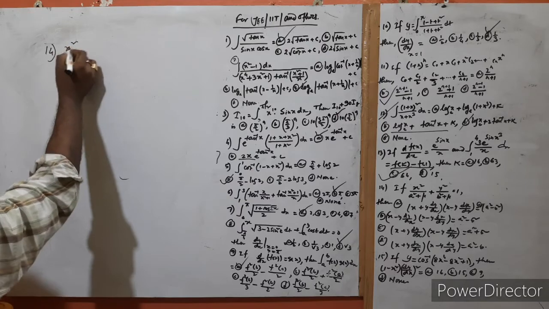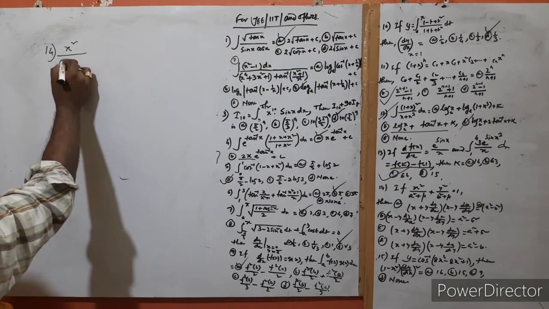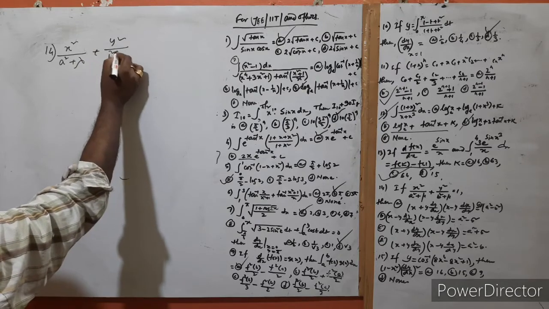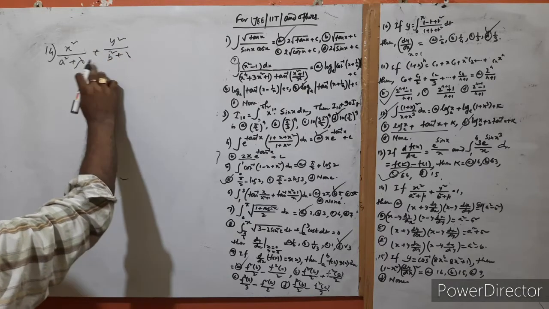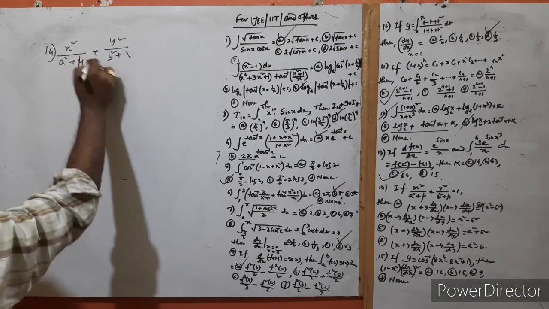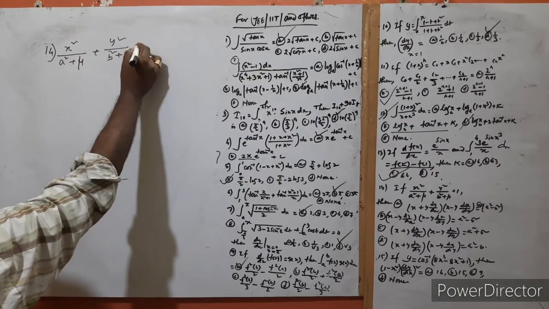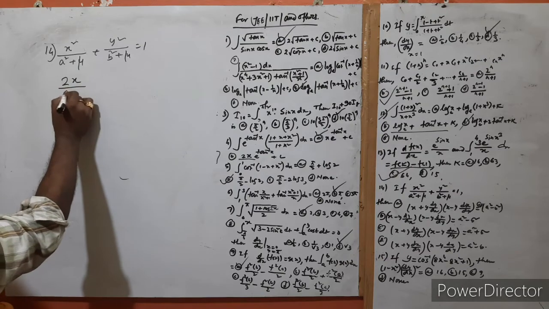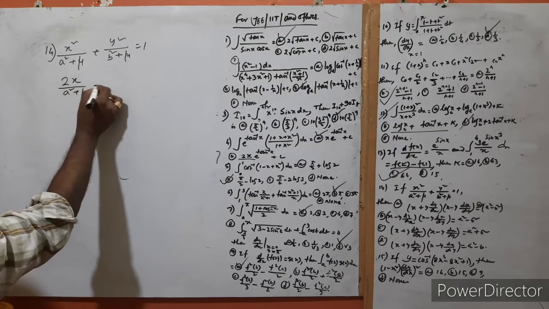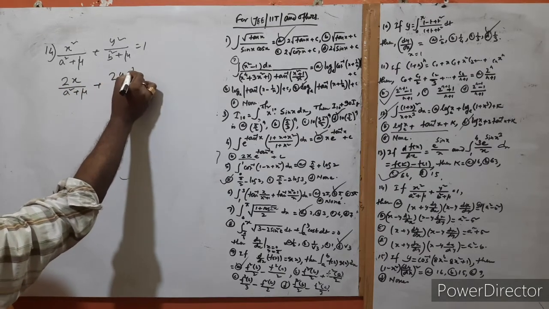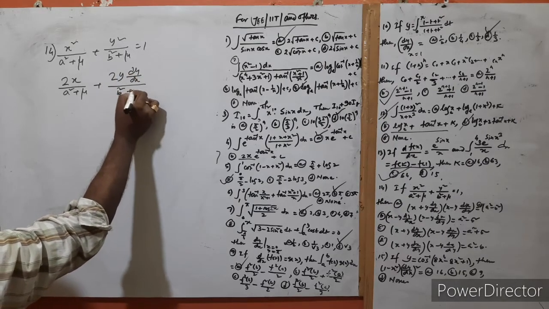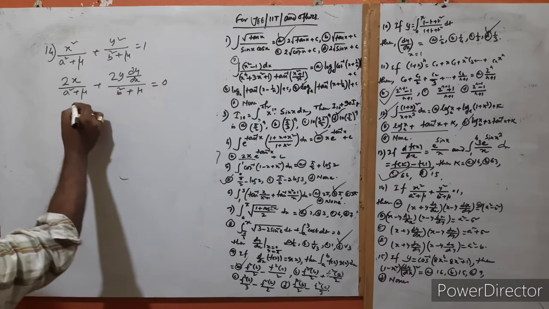See here, x square by a square plus mu, y square by b square plus mu, equal to 1. I think this is mu, not lambda. Differentiate this twice: x by a square plus mu, plus y dy by dx by b square plus mu, and this is 0.